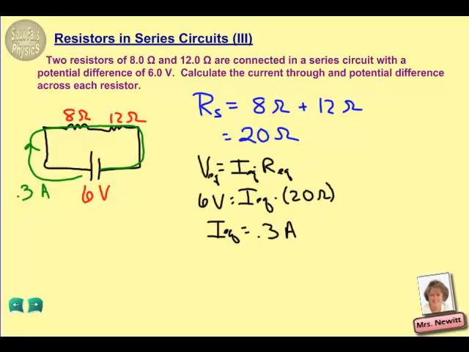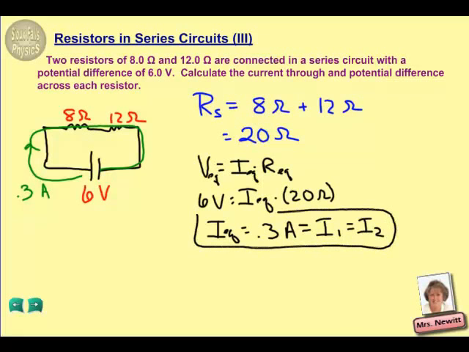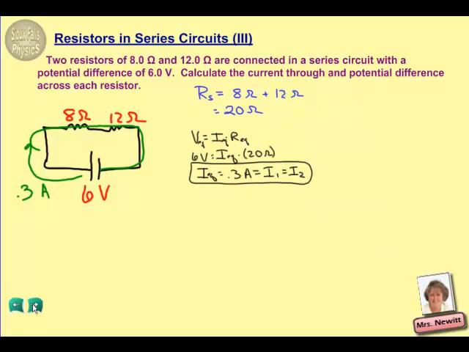So when we have found the equivalent amount of current in a series circuit, that is then equal to the individual currents as well. So 0.3 amps being the total for the circuit is also equal to the total current through resistor 1 and the total current through resistor 2. So we've already calculated the current through each resistor.